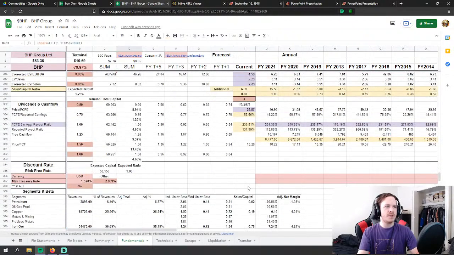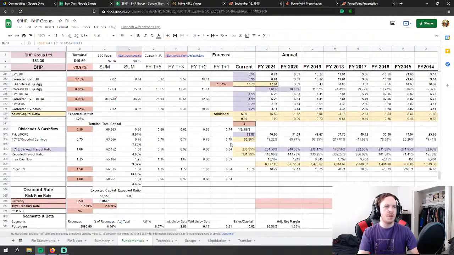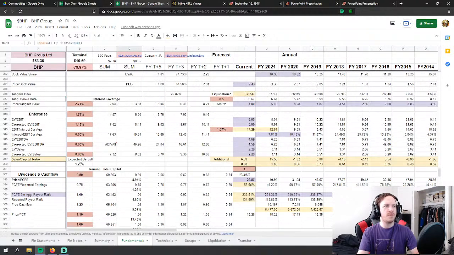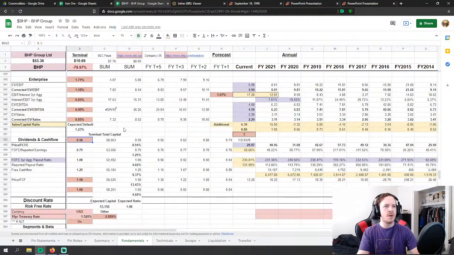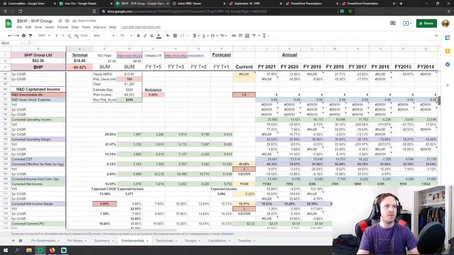Because we also have sales to capital ratio, which doesn't look like it's doing terrible. In fact, we're probably doing them too much of a favor as far as that goes. They've had definitely some low sales to capital ratio, but that's also going to kind of vary wildly. So we'll see.